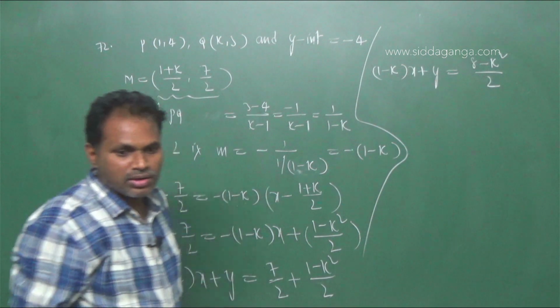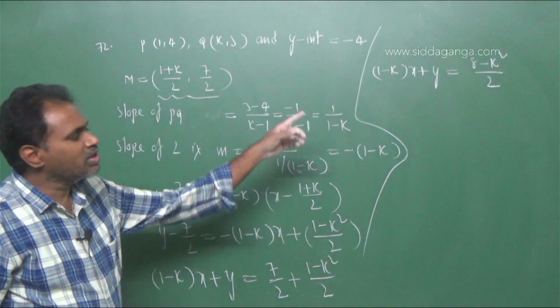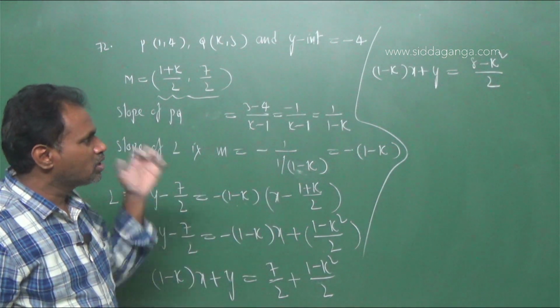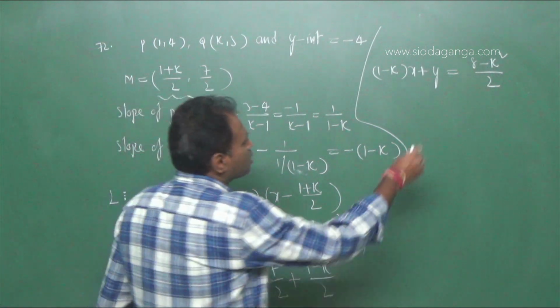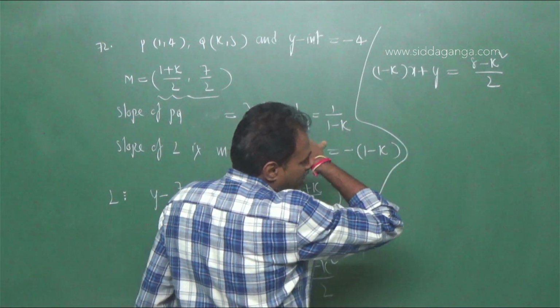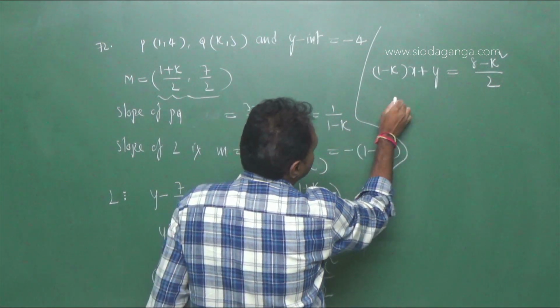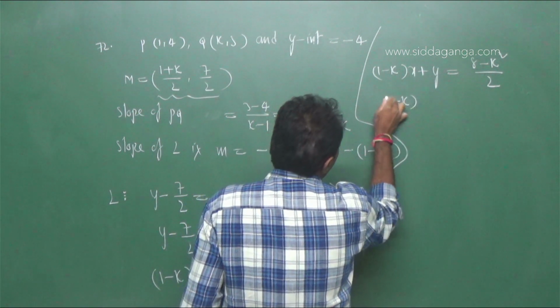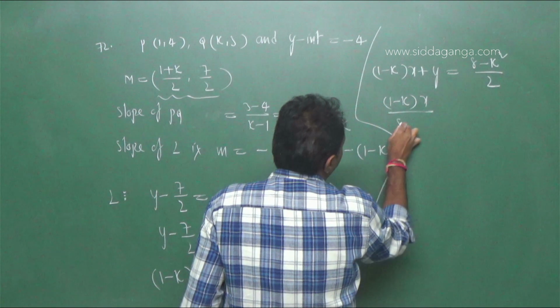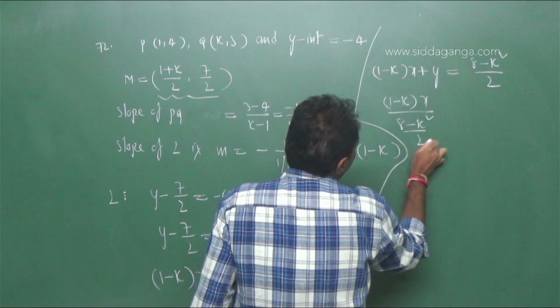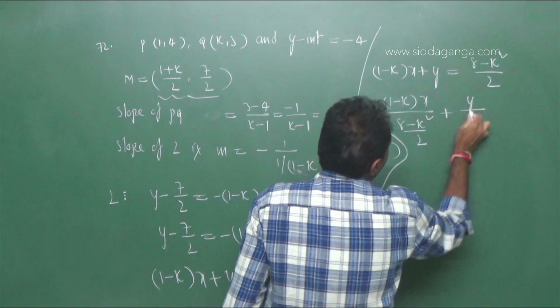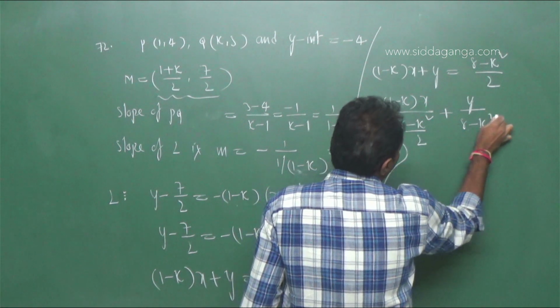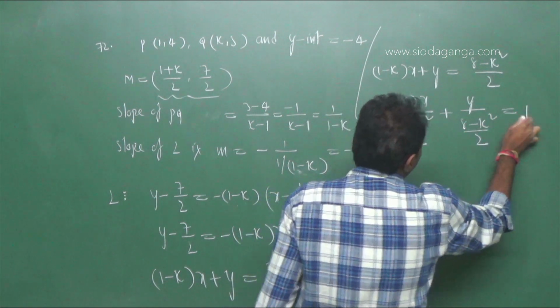But here they are asking, the given y-intercept is 4, therefore the y-intercept of this equation, now you convert to intercept form, that is (1 minus k) into x by (8 minus k square) by 2 plus y by (8 minus k square) by 2 equal to 1.